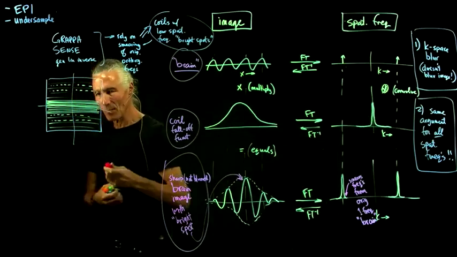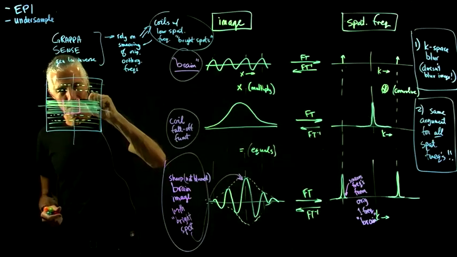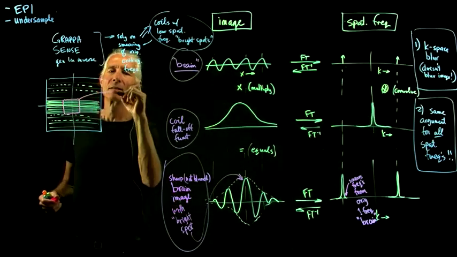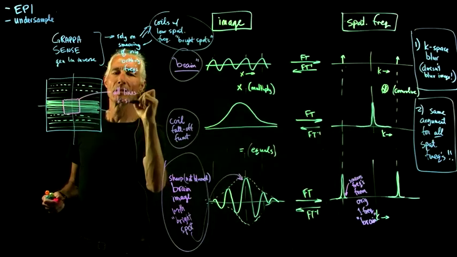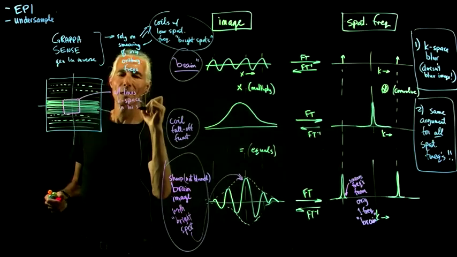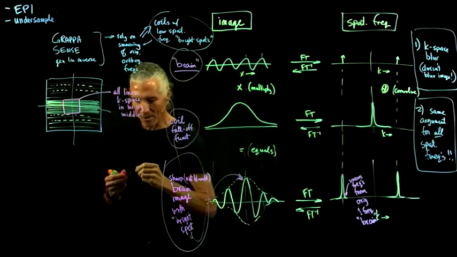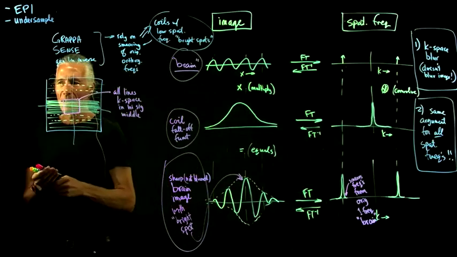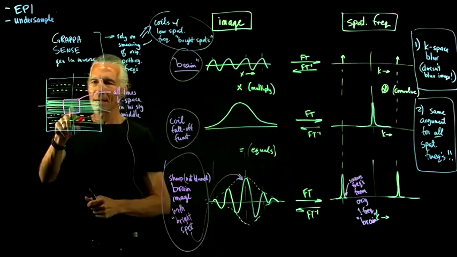And like I said, why the middle? Well, because that's where the money is. That's where the big signal is. So this is all lines, K-space in the middle, with high signal in the middle. Then what we can do is take that data and attempt to predict the missing data.